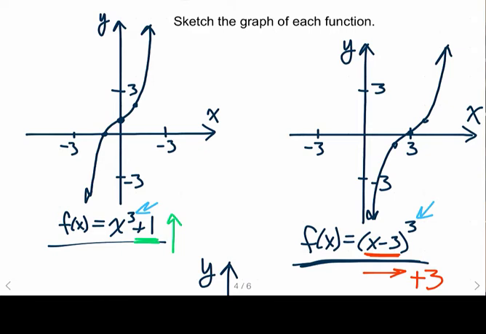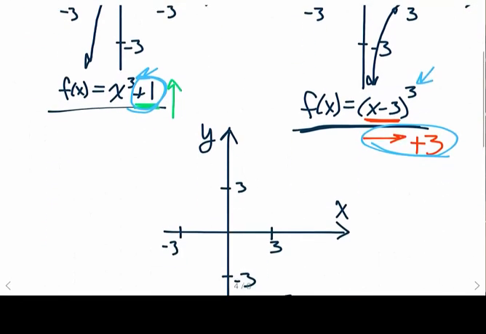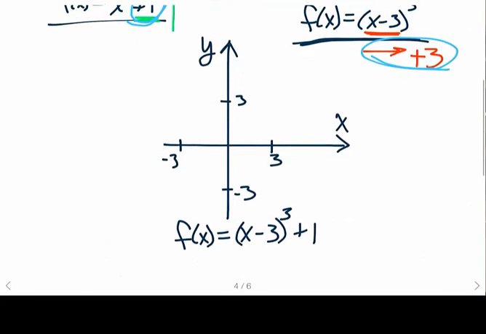Let's combine these two ideas, that of moving a graph up by 1 unit and to the right by 3 units, for our next example. Sketch the graph of f of x equals (x minus 3) quantity cubed plus 1.